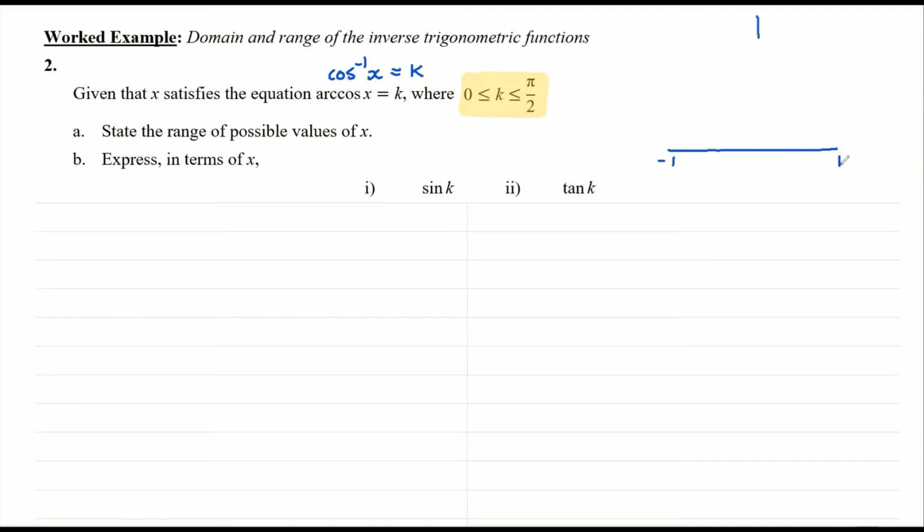The range of arccos, of course, is different to arcsine. It's going to go from 0 up to pi, because that's how it was restricted to form that one-to-one function so that the inverse function can exist. And at the halfway point, we're going to have pi over 2, like so.